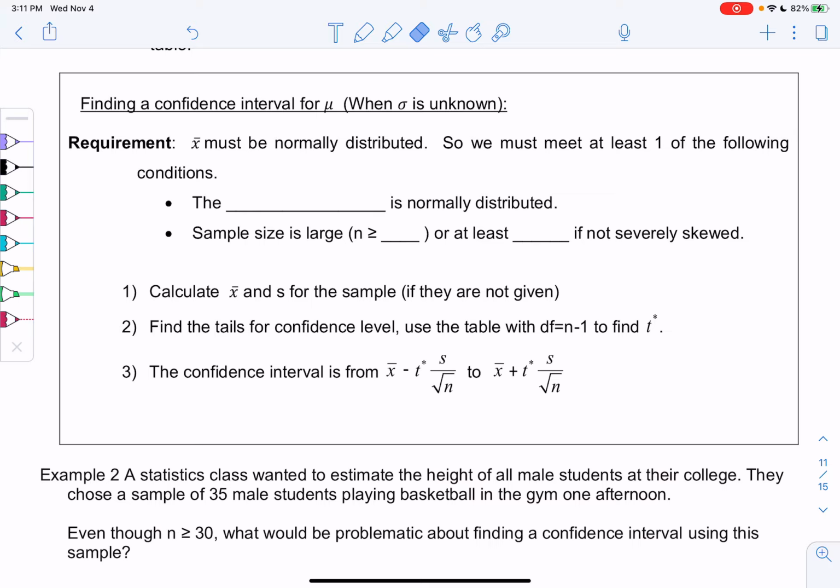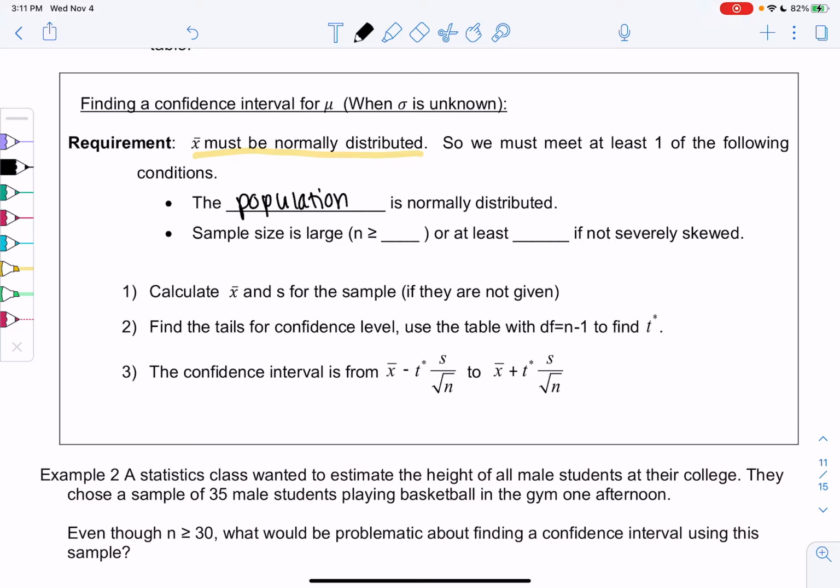Section 8.3, example 2. Before we start example 2, let's go through the steps for finding a confidence interval for mu, or the mean. The requirement, just like before, is that x bar must be normally distributed. The rules were it had to meet at least one of the following conditions. If the population is normal, then x bar is normal.